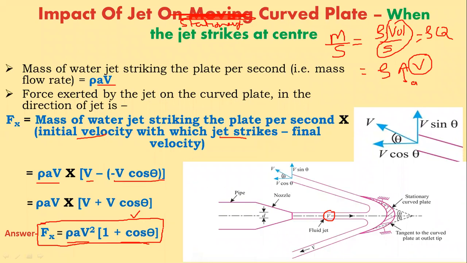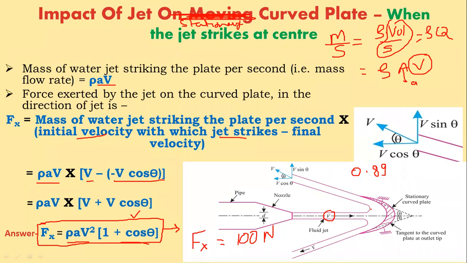For example, after we solve this formula, the force being exerted by the jet is 100 Newton, but the company has given the coefficient of that turbine as, for example, 0.89.